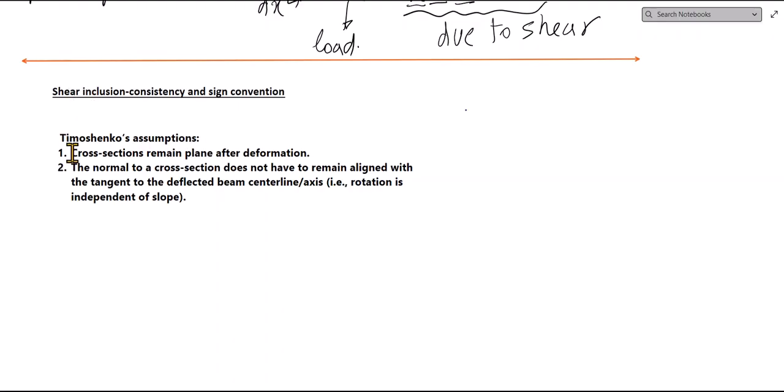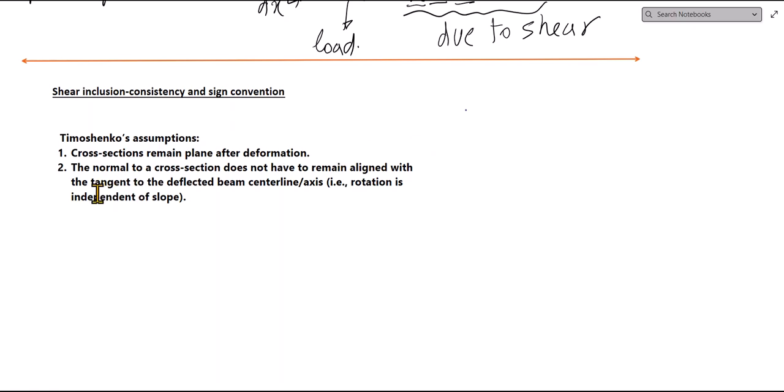The assumptions that we have for the Timoshenko beam: the first one is similar to the Euler-Bernoulli beam theory, that cross sections remain plane after deformation. So any cross section that you have perpendicular to the axis of the beam, usually through the centroid of the cross section, remains plane.